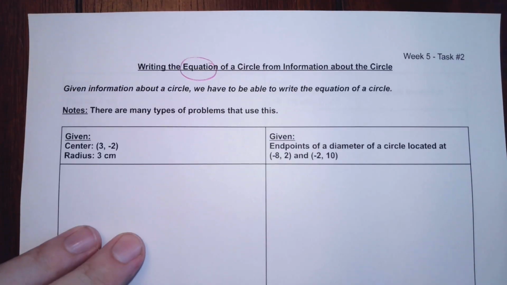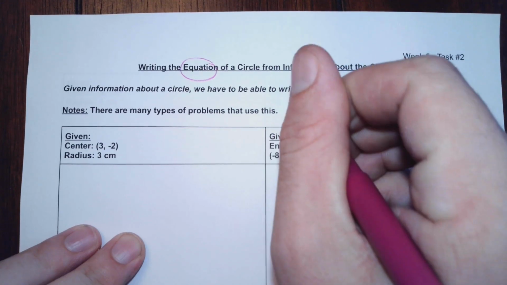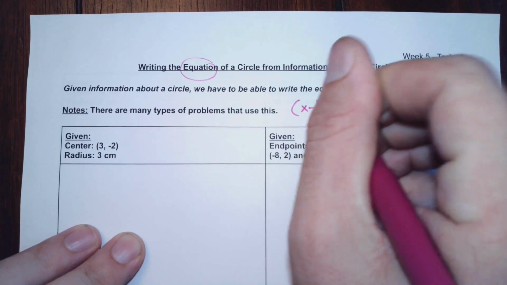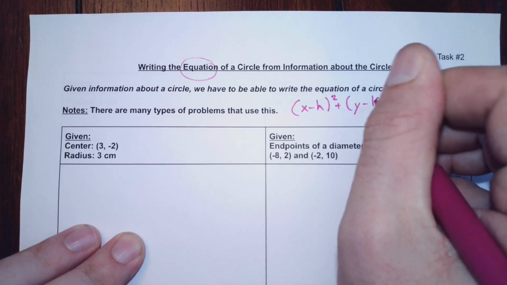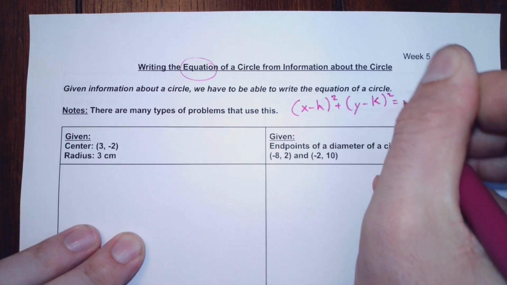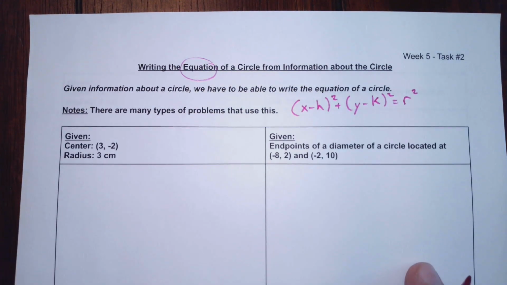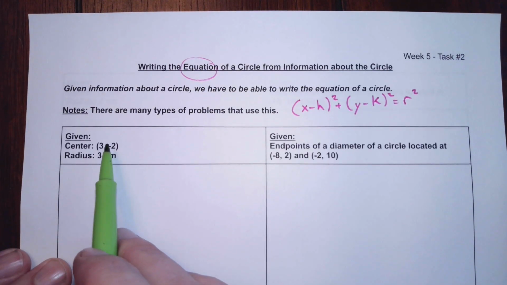Now we have to remember our equation of a circle is x minus h squared plus y minus k squared is equal to r squared. So here we go. My center is 3, negative 2.